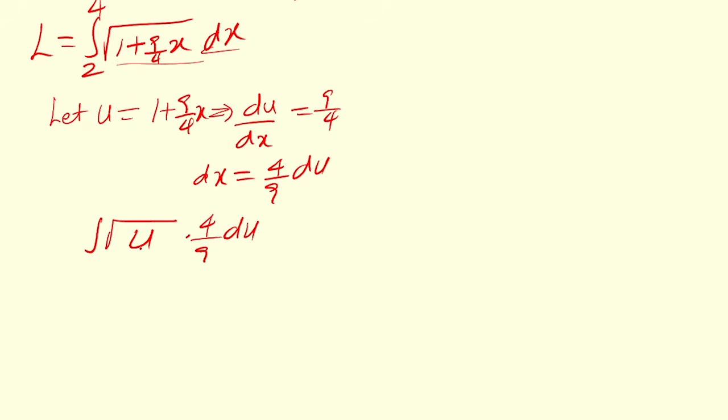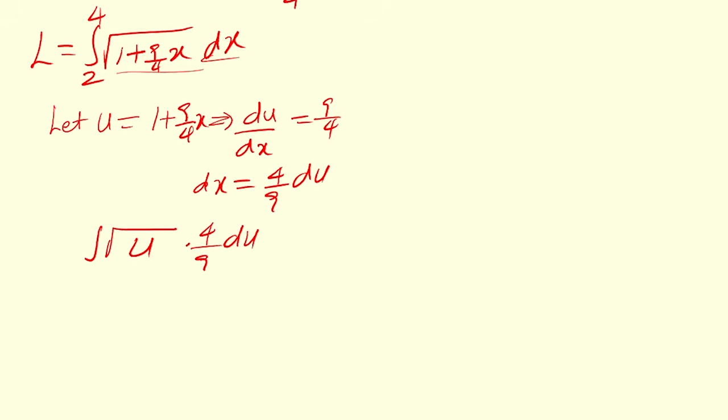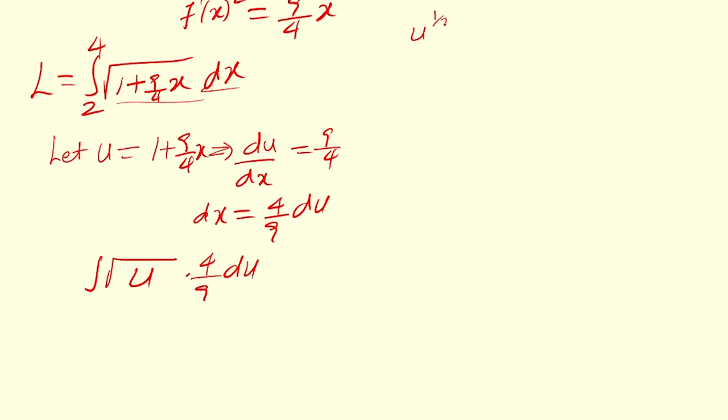So the integral of radical u, u to the power of 1 over 2 du. That's u to the power of 1 over 2 plus 1, over 1 over 2 plus 1. That is u to the power of 3 over 2 times 2 over 3.